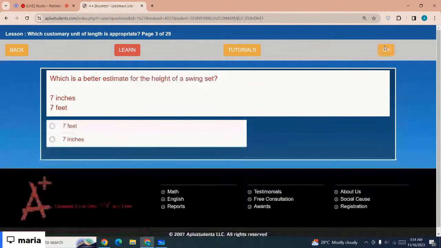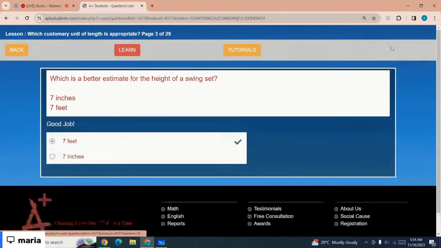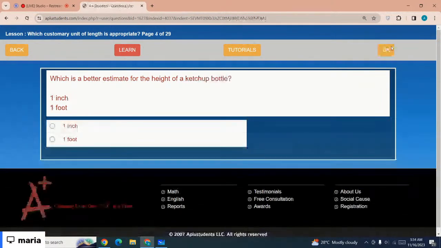Which is a better estimate for the height of a swing set? 7 inches or 7 feet. Yes, that is a swing set, right? So for a swing set, 7 inches is too small, so it would be 7 feet. Which is a better estimate for the height of a ketchup bottle?